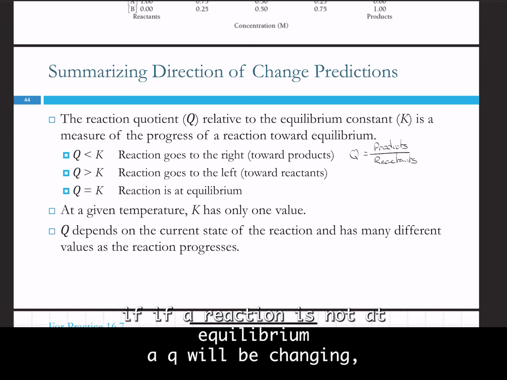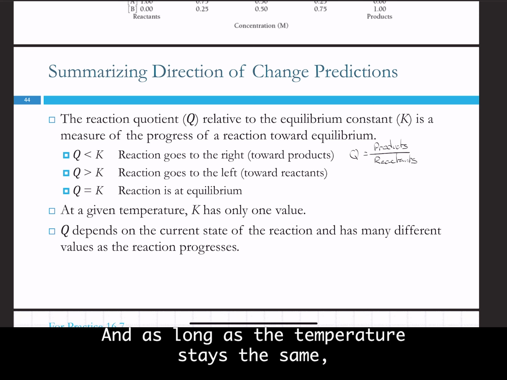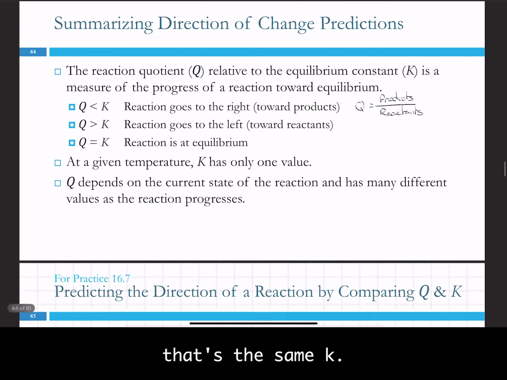If a reaction is not at equilibrium, Q will be changing. Q will be moving towards K. And as long as the temperature stays the same, that's the same K.